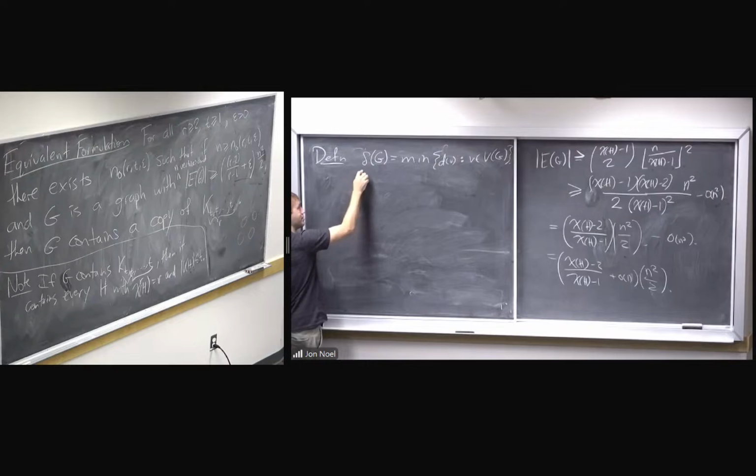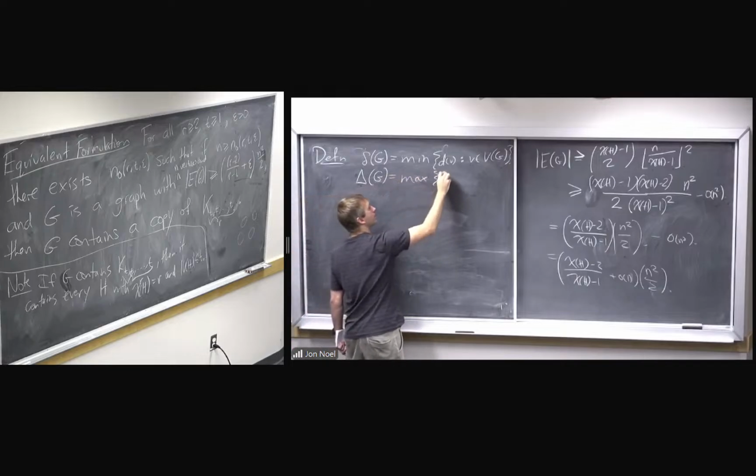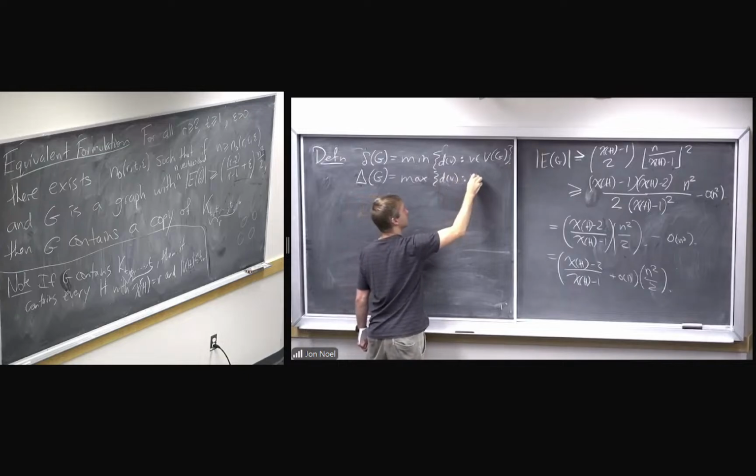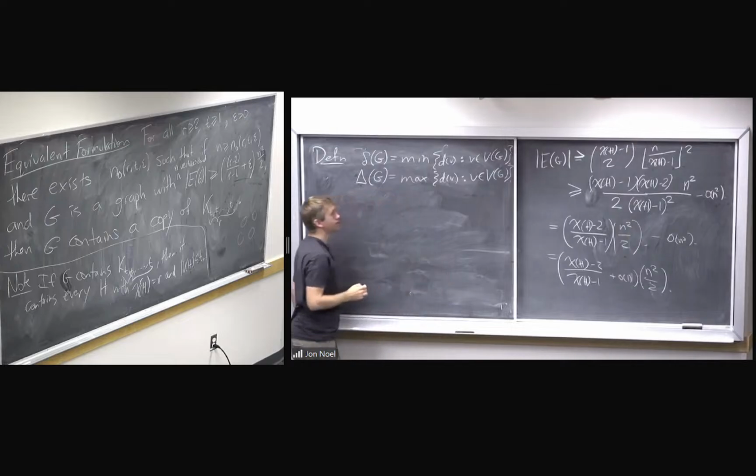We're not going to use this here, but I'll write it down because I may as well at this point. Capital delta of G is the maximum.